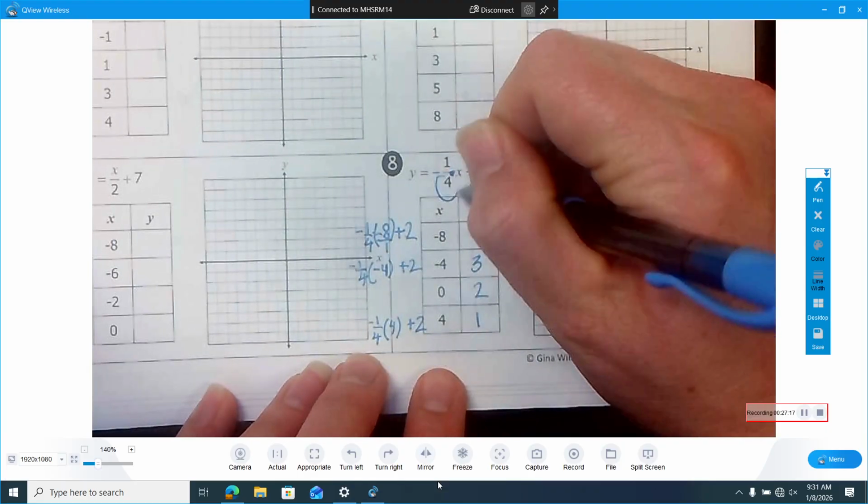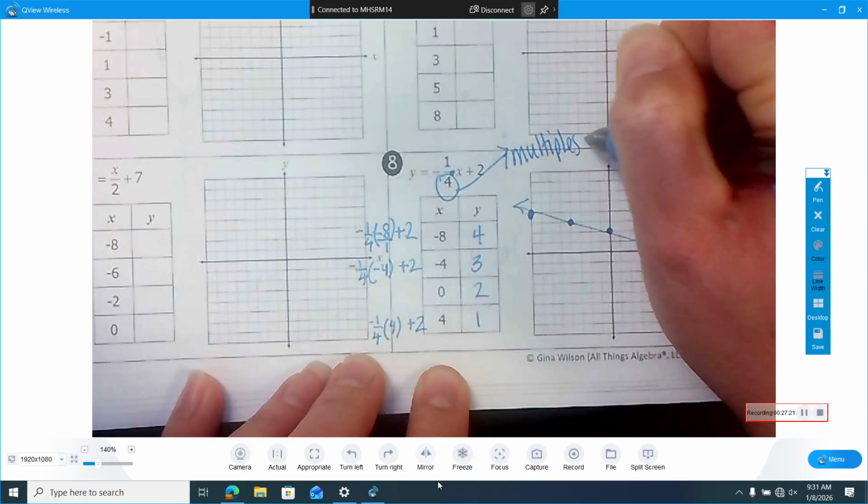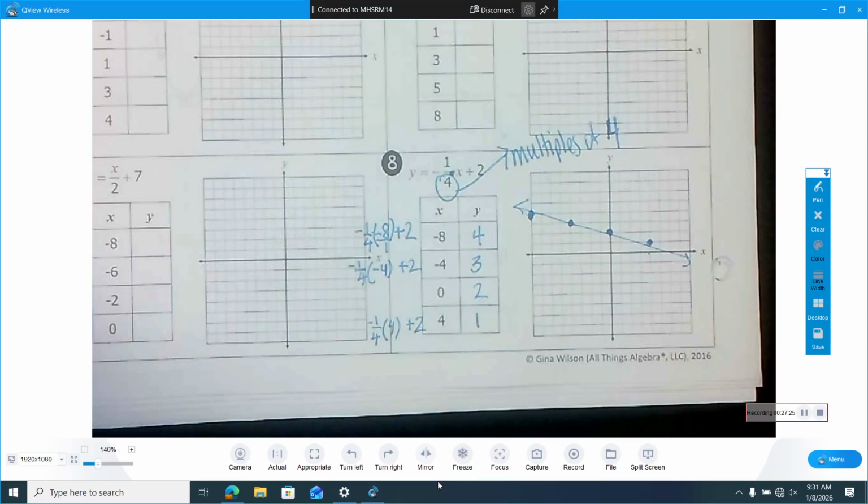And so I have a denominator of 4, and I'm choosing multiples of 4 to get nice answers. So 4, 8, 12, 16 would give you nice, pretty answers. All right, cool.